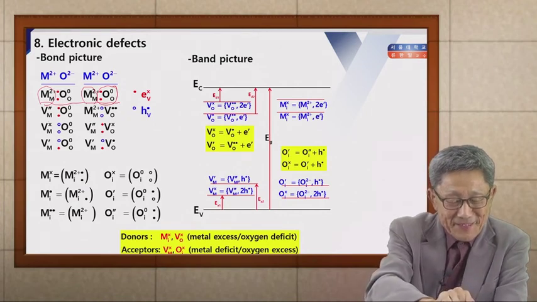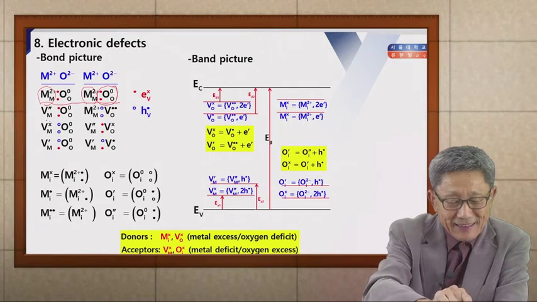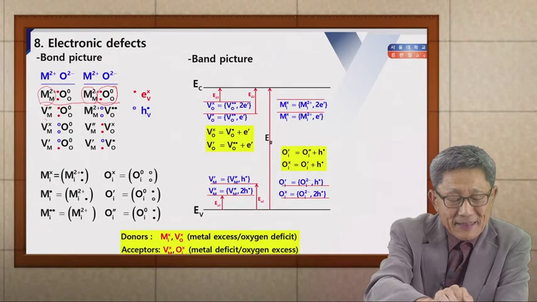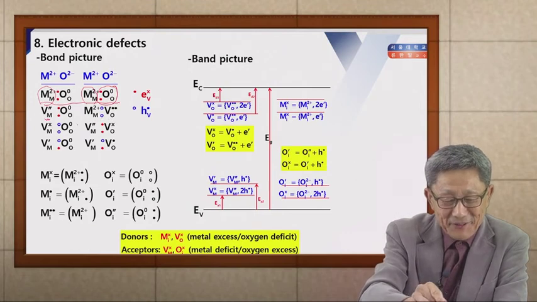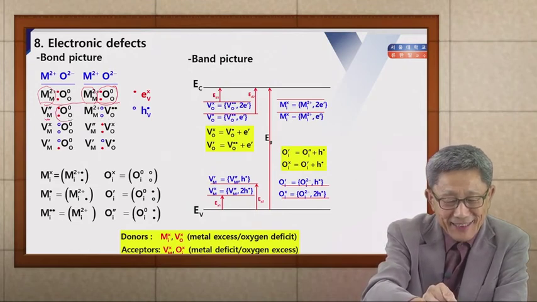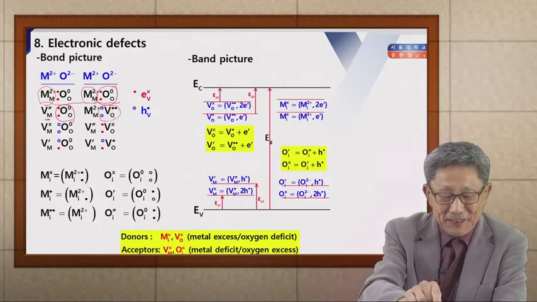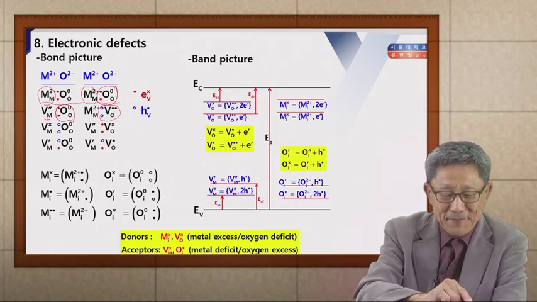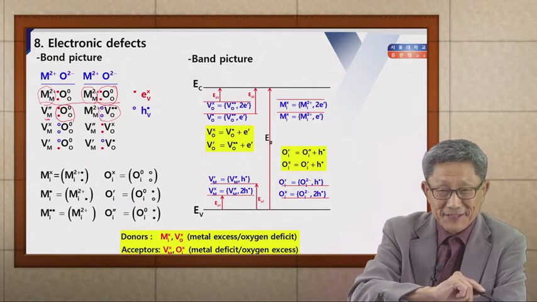Now, if you take out this metal ion, then you have the metal vacancy with effective charge of -2. You understand, right? If you take out this whole thing, the oxygen ion, then you end up with this kind of thing. Therefore, the effective charge is +2 because this site is now missing 2 electrons.